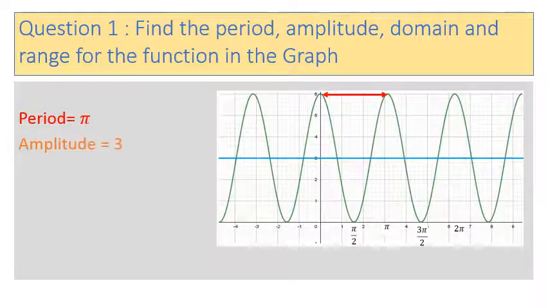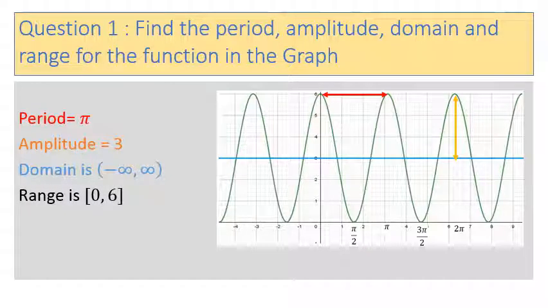The amplitude is the amount by which it varies above and below the axis. Amplitude equals 3. Domain is from negative infinity to infinity. The range is between the lowest and the highest value of y. Range is from 0 to 6.